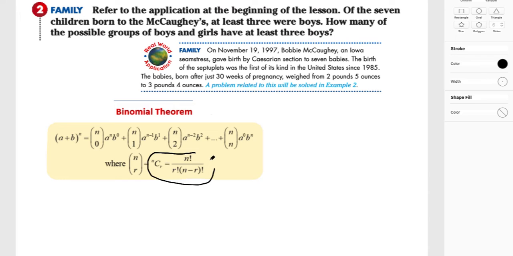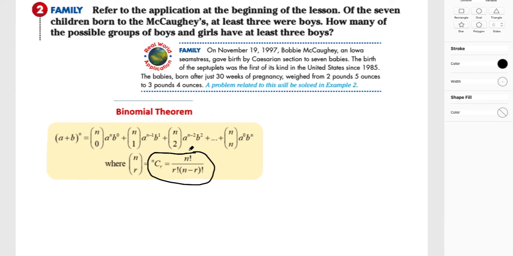Sometimes it's referred to as a combination, N choose R. So if you had N things, and you had to choose R, this answer gives you how many ways that can be done. So if I have 7 children and I need to choose 3 boys, this would give me all the possible ways that could have happened.